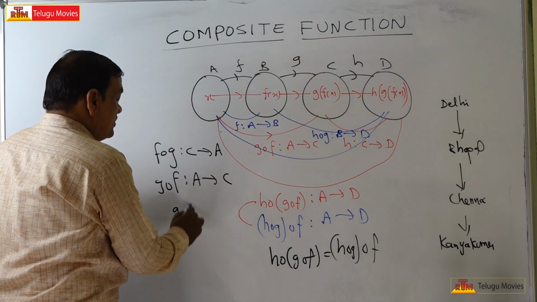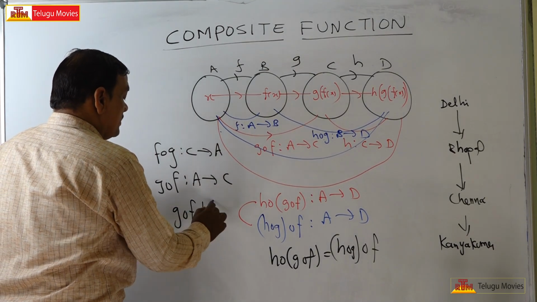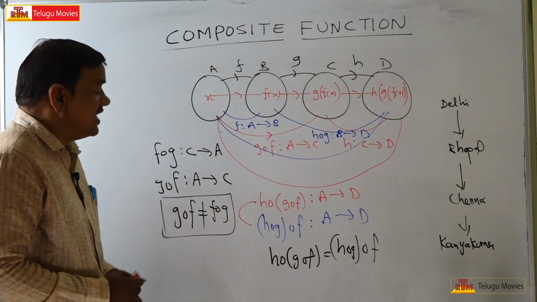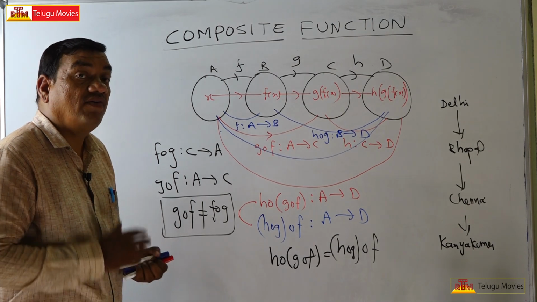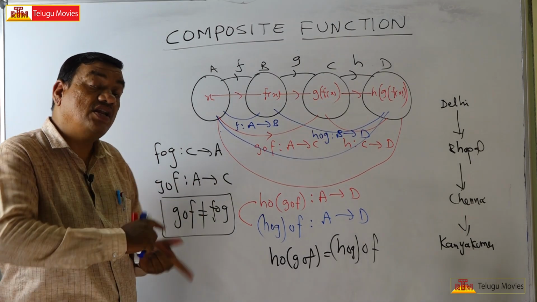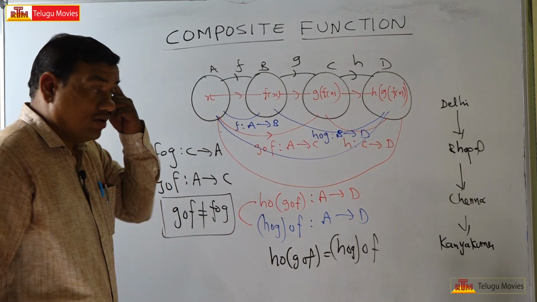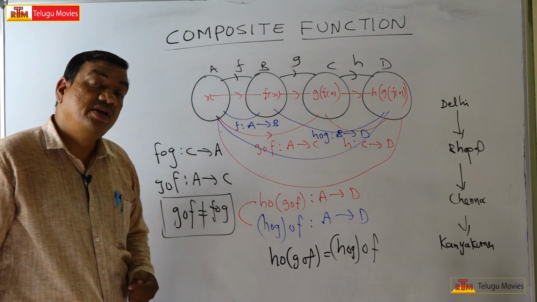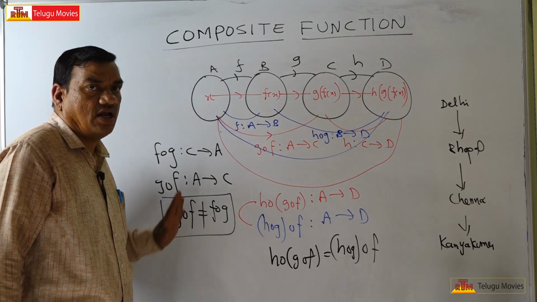In general, G circle F is not equal to F circle G. But sometimes they are equal, when both are inverse functions of each other. Then F circle G will be equal to G circle F. That I will tell afterwards.